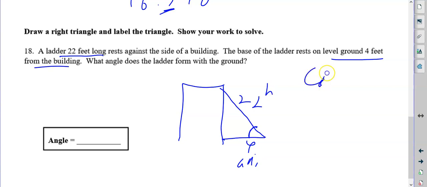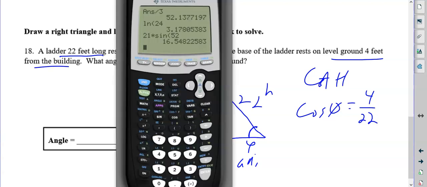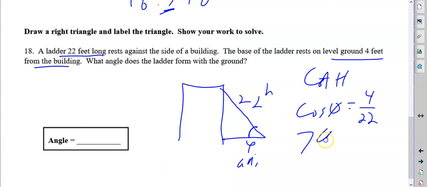So that's cah. So cosine of some angle is adjacent over hypotenuse. So remember, anytime I'm solving for an angle, I always hit second, sine, cosine, or tangent, this time cosine, and then just type in the numbers. 4 divided by 22. I get 79.524.